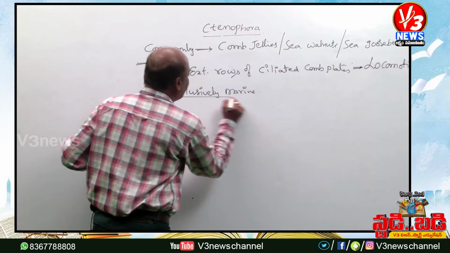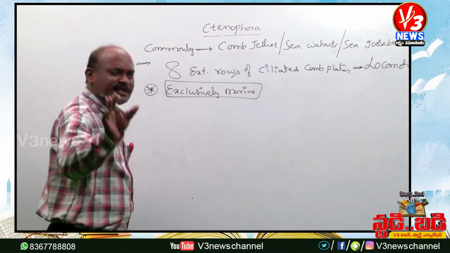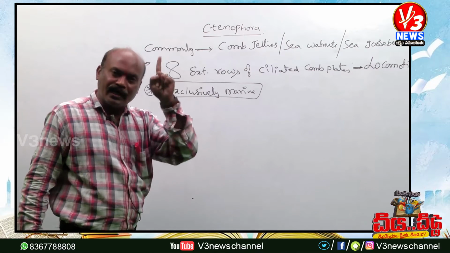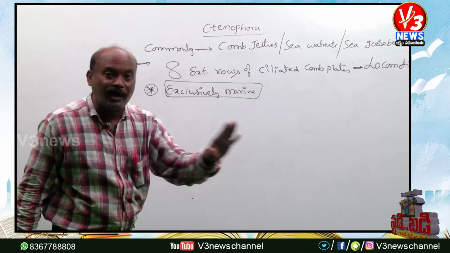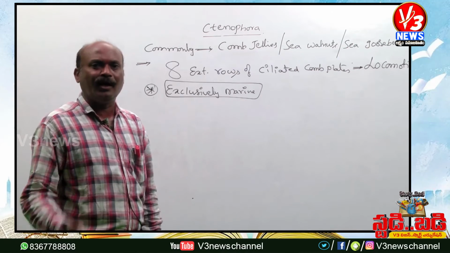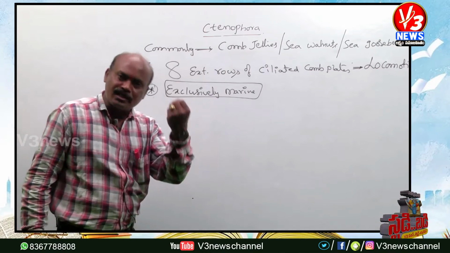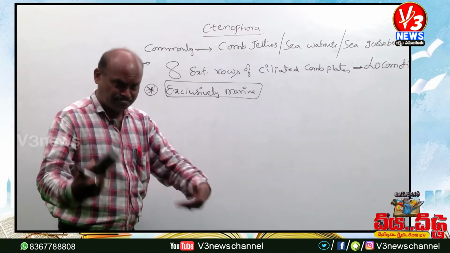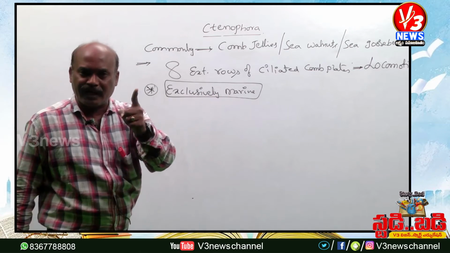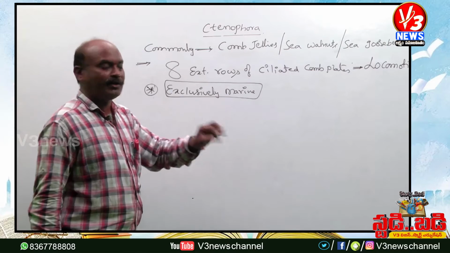In other invertebrate phyla, some are brackish water animals, some terrestrial, some freshwater. But these are exclusively marine. This is a very important point.